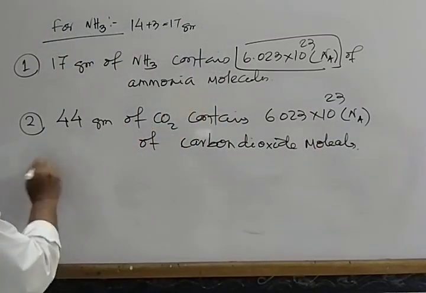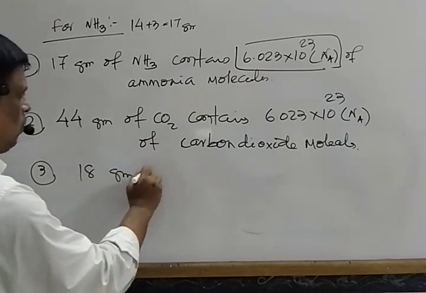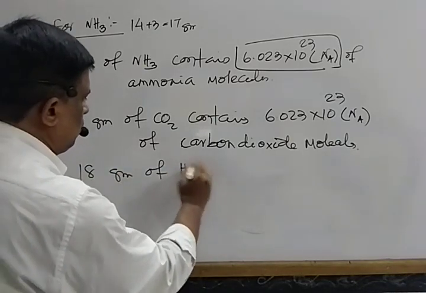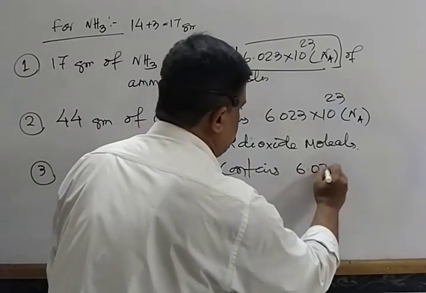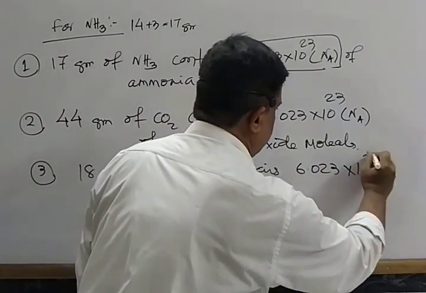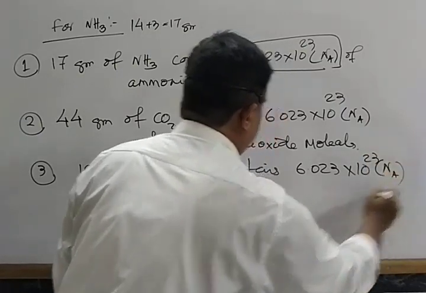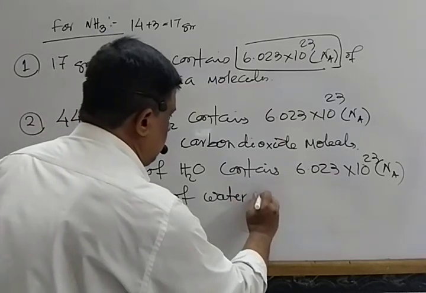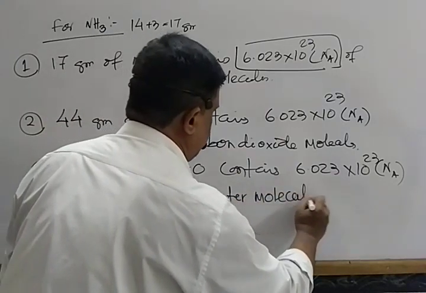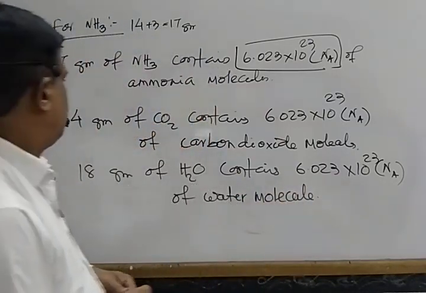Similarly, another example, 18 gram of H2O contains 6.023 into 10 to the power 23, that is the Avogadro number of water molecules. Mark that.